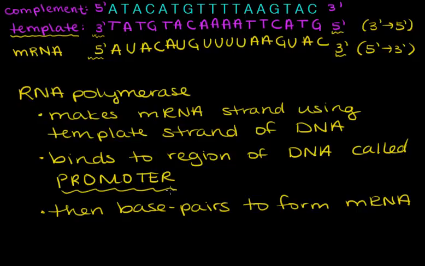In the mRNA, there has to be another region that's going to signal where the protein's going to need to start. And that's called the start codon. So the mRNA contains the start codon.